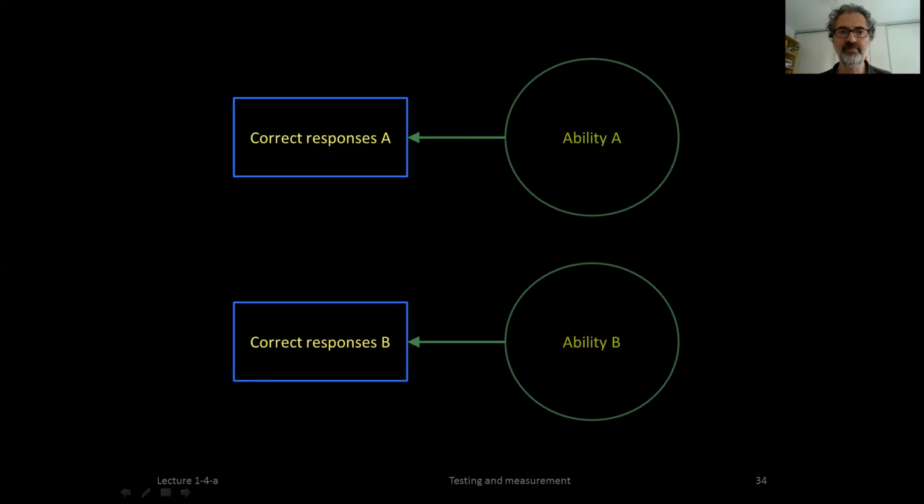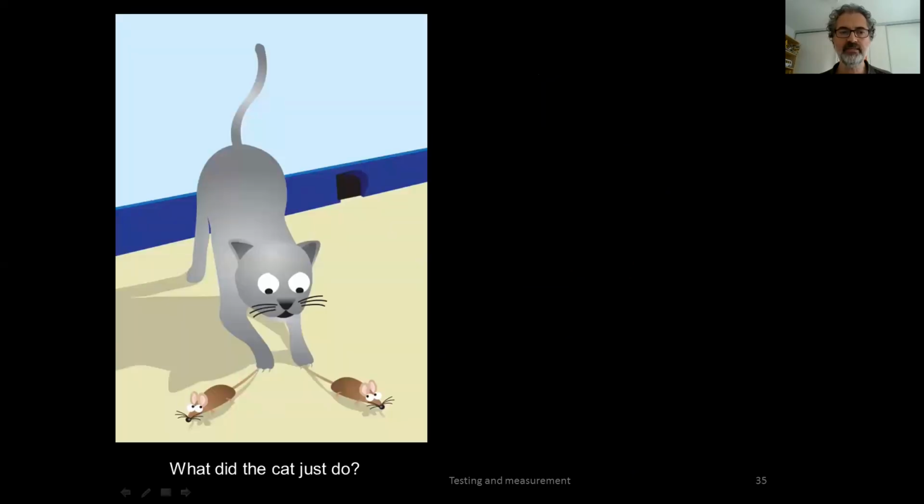Here is an example from another test we've made, and this is a commonly used test of expressive language development for young children. The examiner shows a picture like this one and asks, what did the cat just do in this case? And then you write down what the child says, and then you score points for saying the appropriate words.